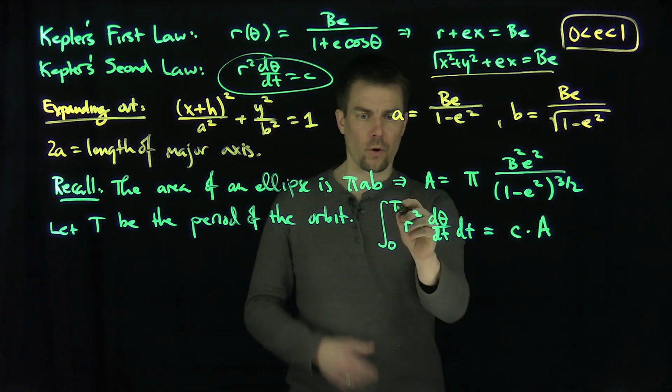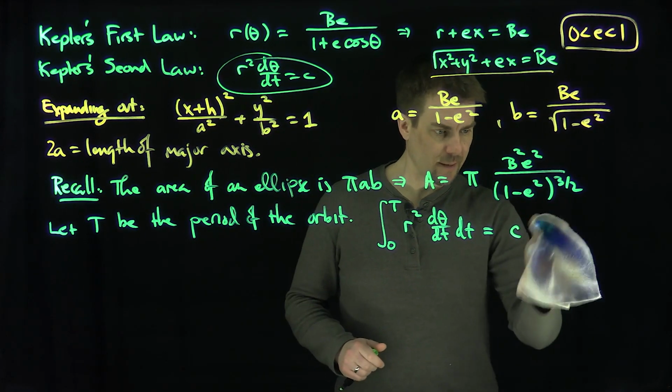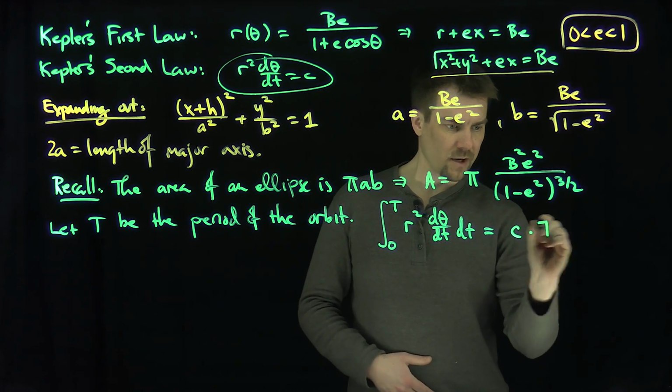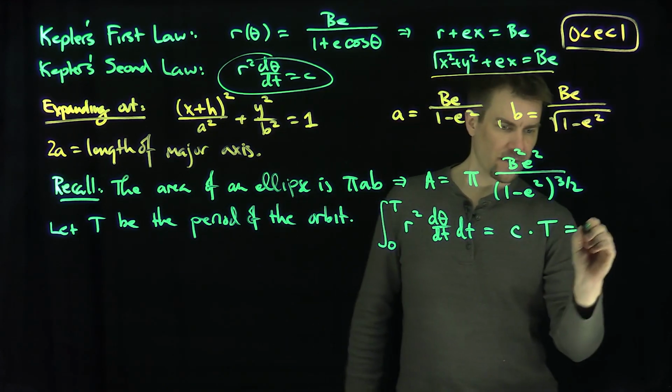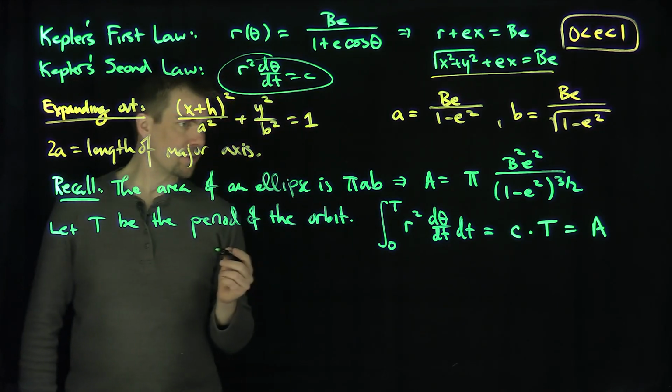Excellent. Now this is going to be c times the period, because it's the differential from 0 to T, and that's going to be the area. So it's c times the period is equal to the area.